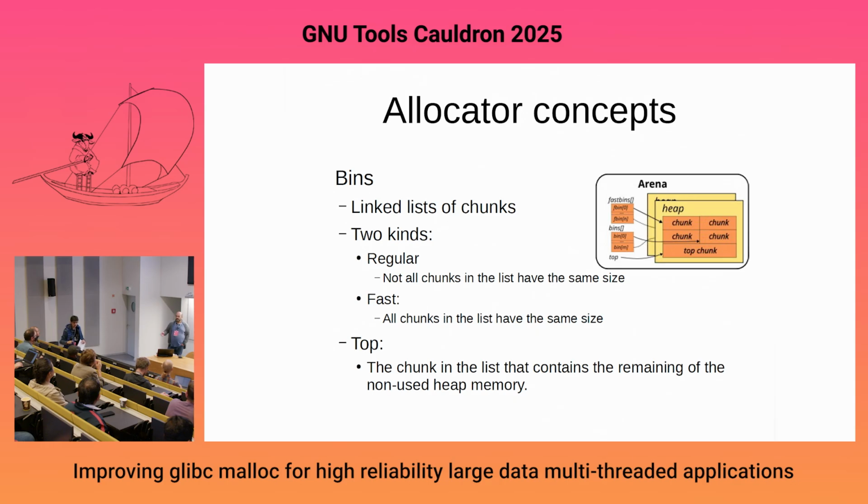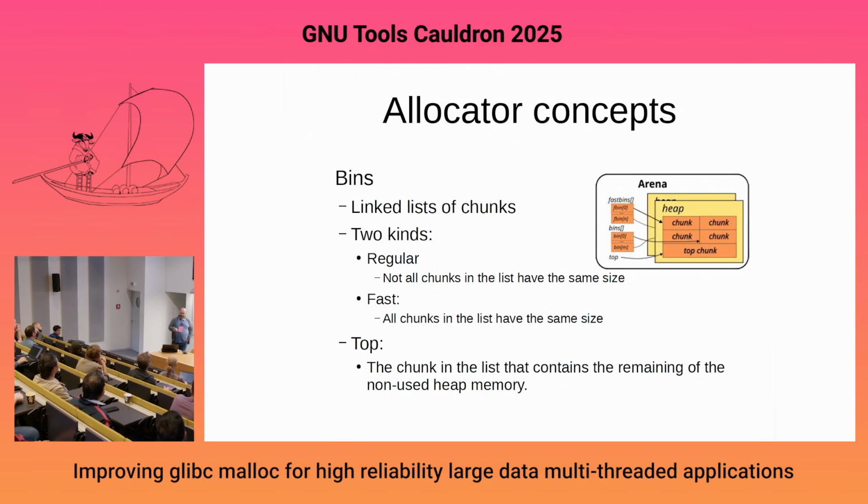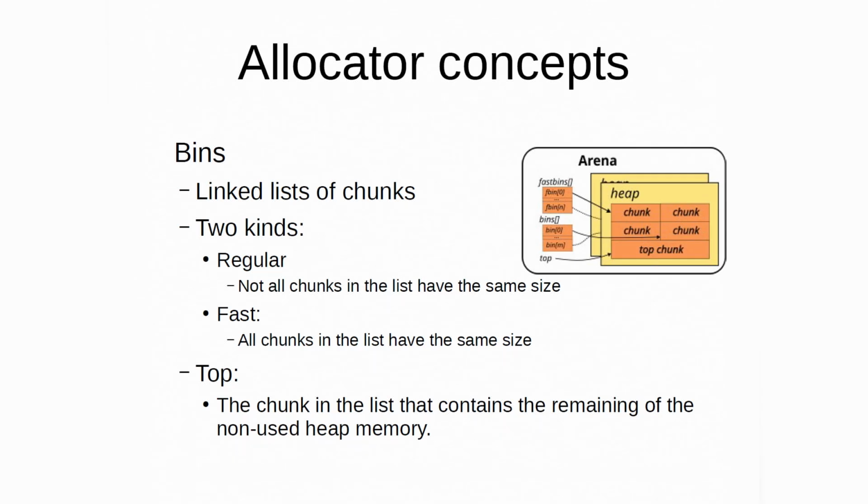There's also the top entry in the arena, which would contain the chunk that is the whole non-allocated memory, or never-used memory. So when it gets freed, it is either placed in a fast bin or placed in a regular bin. Okay.